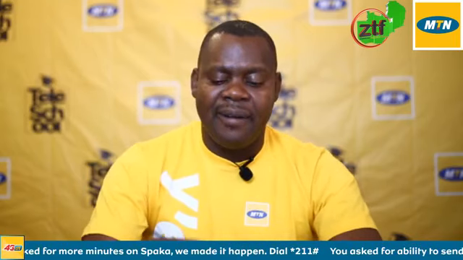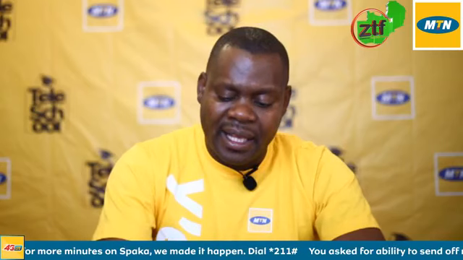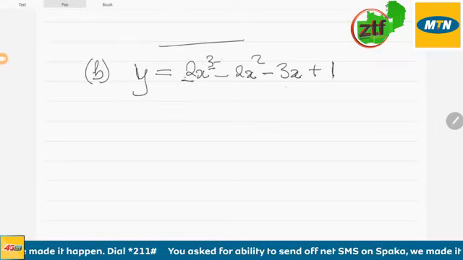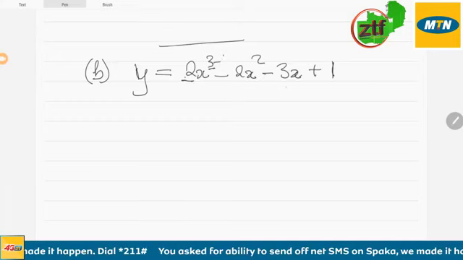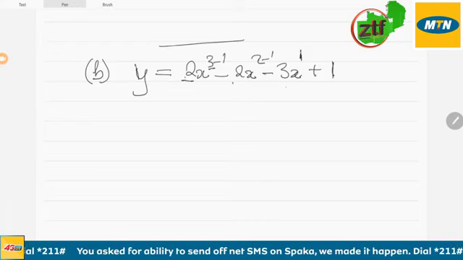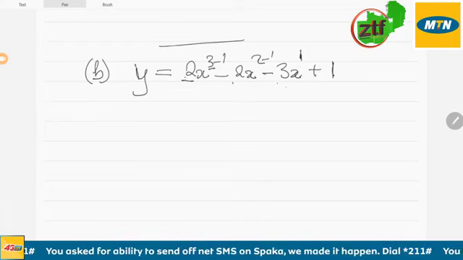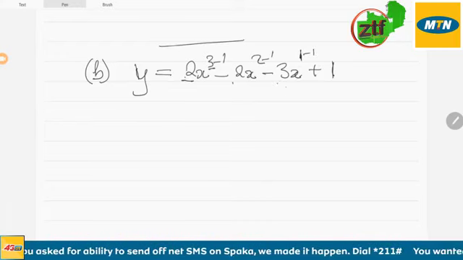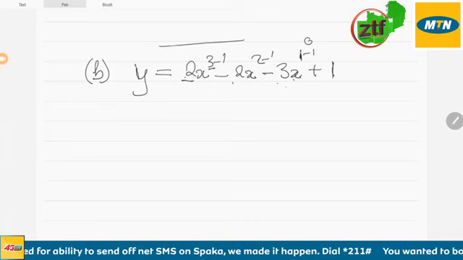What rules are there for me to differentiate? Whenever you are differentiating, there is the 2 here and the 3, the power here. So in order for us to find the derivative, this 3 multiplies the 2, but the power will be lessened by 1. Also, this will multiply by 2 and be lessened by 1. And the power here is 1. This 1 multiplies this, and if it's lessened by 1, we are going to have 0, and x to the power 0 is 1.